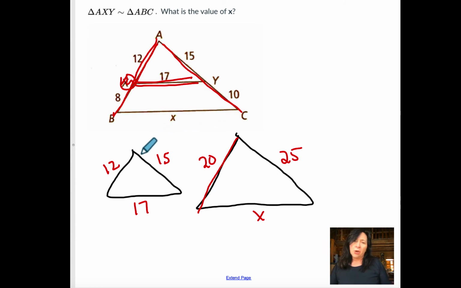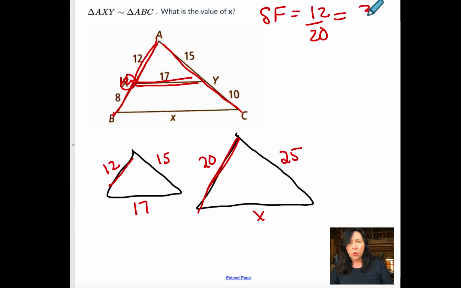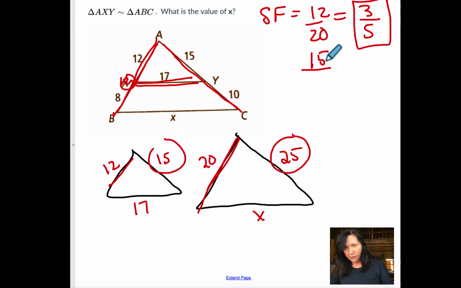So my scale factor, I can either use 12 is to 20 or 15 is to 25. Either one is going to be fine. I'm using 12 is to 20. I'm going to divide by 4, and I get 3 over 5. So that's my scale factor, which, by the way, is the same thing I would have gotten if I had compared 15 to 25, right?